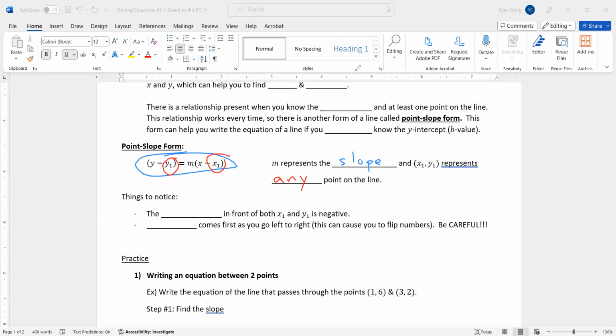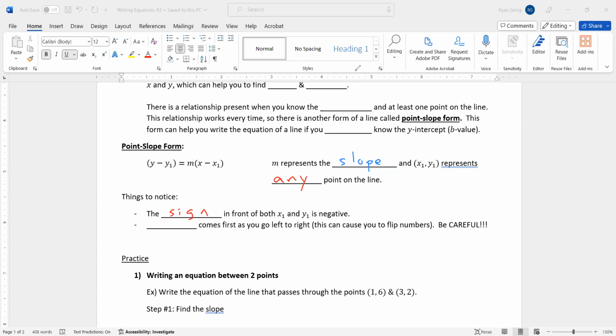Now, there are some things to notice that make this a little bit tricky. The sign in front of both x1 and y1. Notice how it's negative. Right, so the sign in front of x1 and y1 are both negative. That'll come in. I'll show you what that looks like when we get to the first example.